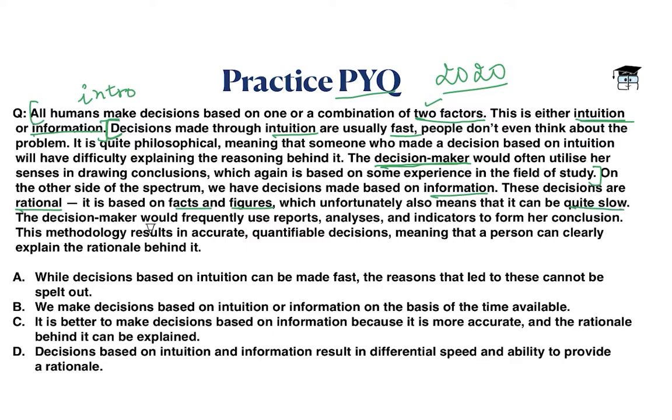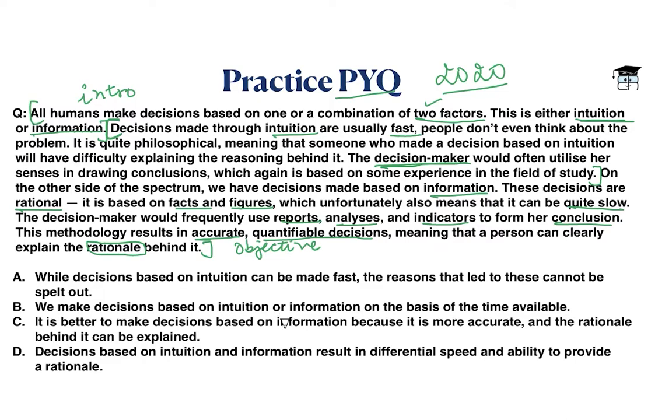The decision maker would frequently use reports, analysis, and indicators to form her conclusion. This methodology results in accurate, quantifiable decisions, meaning that a person can clearly explain the rationale behind it. Rationale is another keyword, which means the objective. Rationale means objective. What is the goal behind making the decision?